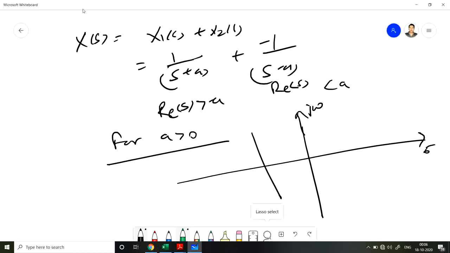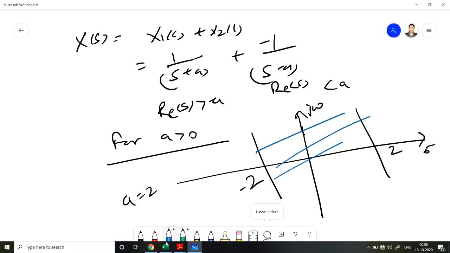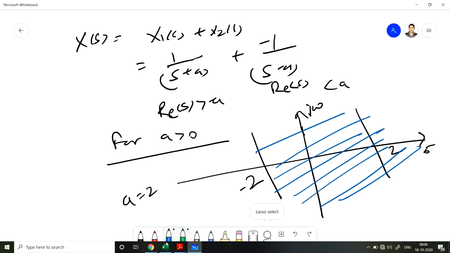And then we have, suppose this is 2, a is equal to 2, then it is greater than minus 2, second is less than 2. Greater than minus 2 is more positive, means minus 1 is greater than minus 2, so all these values are greater than minus 2, so this is our ROC for that X1(s).